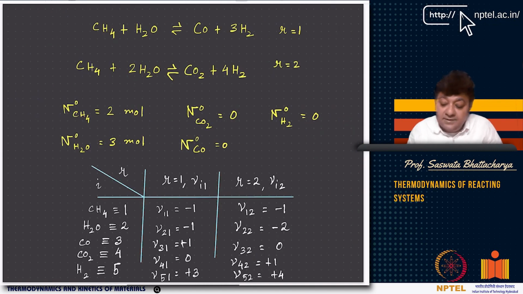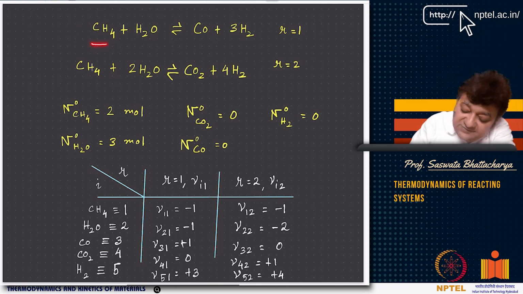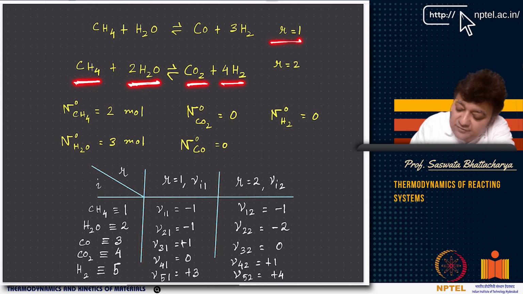So just have a look at this reaction. Say you have two reactions here. As an example, you have CH4 plus water giving one molecule of carbon monoxide and 3 molecules of hydrogen. This is reaction 1. And CH4 plus 2H2O, 2 molecules of water reacting with 1 molecule of methane, gives 1 molecule of carbon dioxide and 4 molecules of hydrogen.